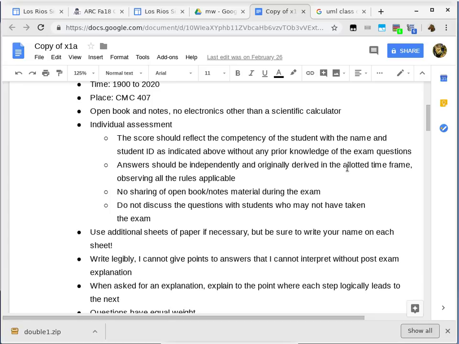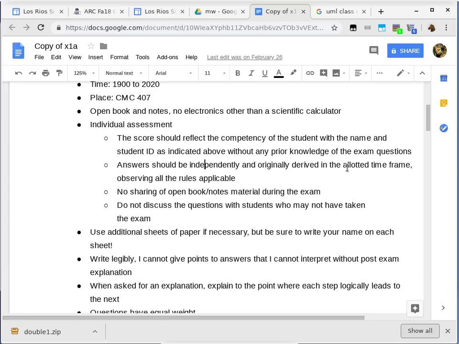As long as each one of you has your own copy for the exam, that's fine. But I do not want any type of sharing of any type of paper or book during the exam. All right? Do not discuss the questions with students who may not have taken the exam. So unless you know somebody else has already taken the exam, do not discuss the questions. Okay? You can use additional sheets of paper if necessary.